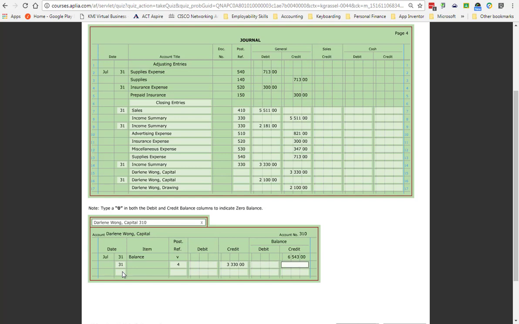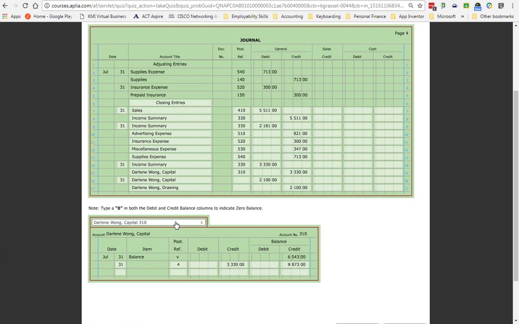So I have a new balance for the credit column of $9,873. Can anyone confirm my math? I got a couple thumbs up and the head shakes. Thank you very much. Last step that I do then is put that account number 310 back up on line 15 of my journal to say that I just posted that $3,330.